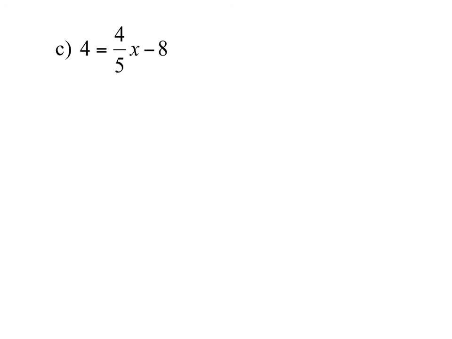So to do that, let's bring the negative 8 to the other side, which will change its sign, because we want the x term all by itself. So that's going to give us 4 plus 8 is equal to 4/5 x. So don't worry about the fraction that the x is being multiplied by.